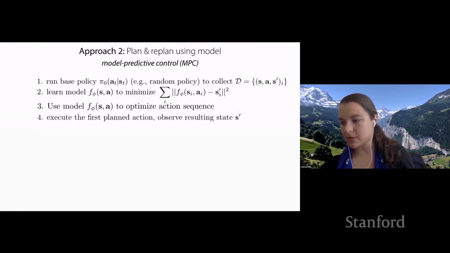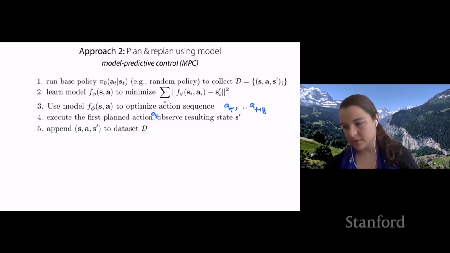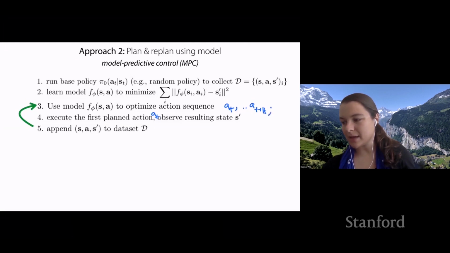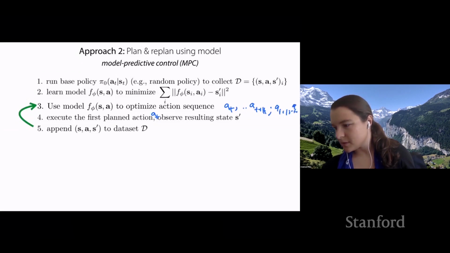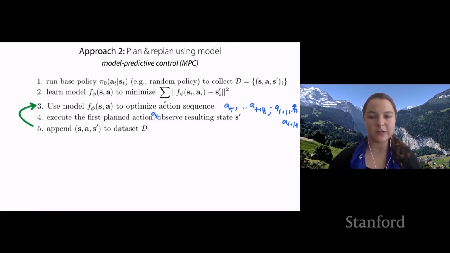So in this case, maybe we're at time step T. We optimized for an action sequence from A_T to A_T plus H. And here we're going to execute only A_T, observe the next state, append this to our data, and then replan at the next time step. Now we'll be replanning A_T plus 1 through A_T plus 1 plus H. I'll write it down here. And then again, executing the first planned action.